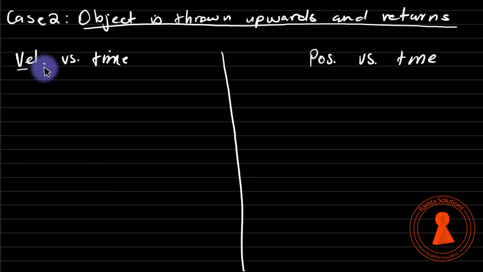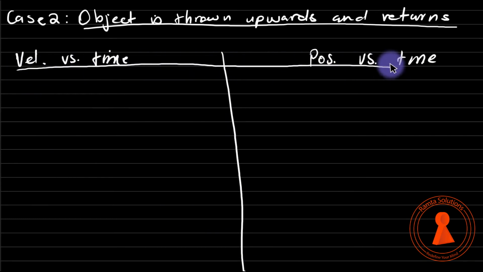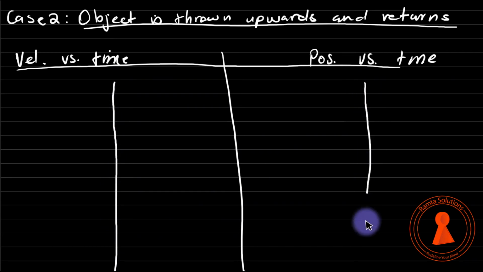So let me try to separate them as well. This one here would be when upwards is chosen to be positive.